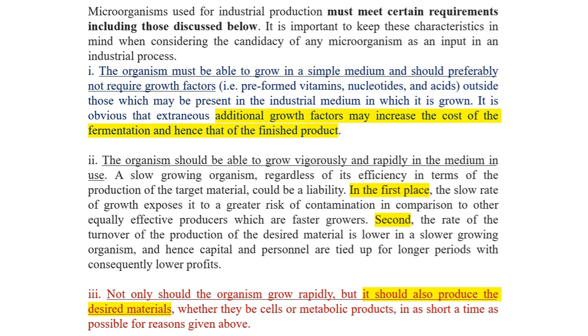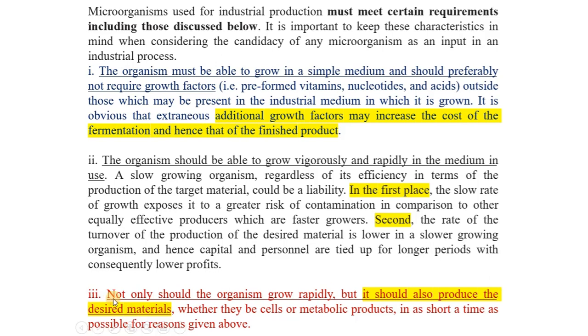That means if the microorganism's growth or multiplication rate is very low, the production of the desired material will be lower. That means the investment capital, the persons involved in the production, the manpower, electricity, and the cost of the media and everything will be extended. So considerably lower profit will result. There is a separate fermentation economics part, but this is not viable. So the second point is we have to choose an organism that grows very vigorously and rapidly.